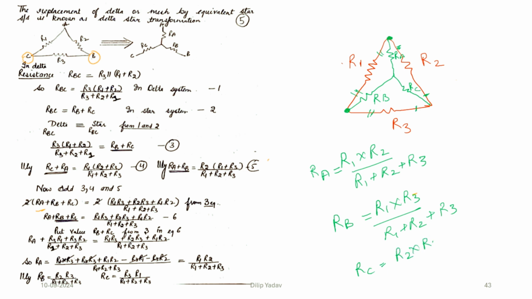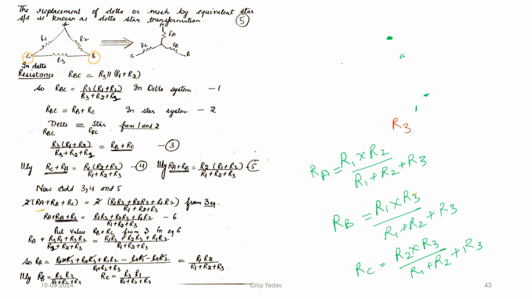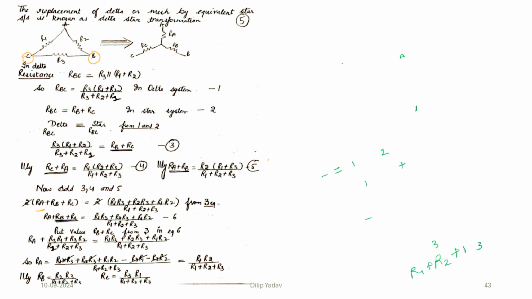So it will be R2 R3 divided by R1 plus R2 plus R3. This is the simple way to remember this. We have to just remember which two branches are connected with each other. This was the delta to star transformation. This is the derivation, and this is the trick that we use to calculate it rather than going for such a long derivation.